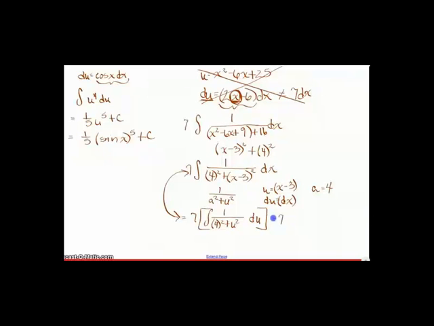And they definitely are. I'm going to pop my 7 out front. I have 1 over a times the tangent inverse of u over a. And there I have found my antiderivative function. And I have back substituted.